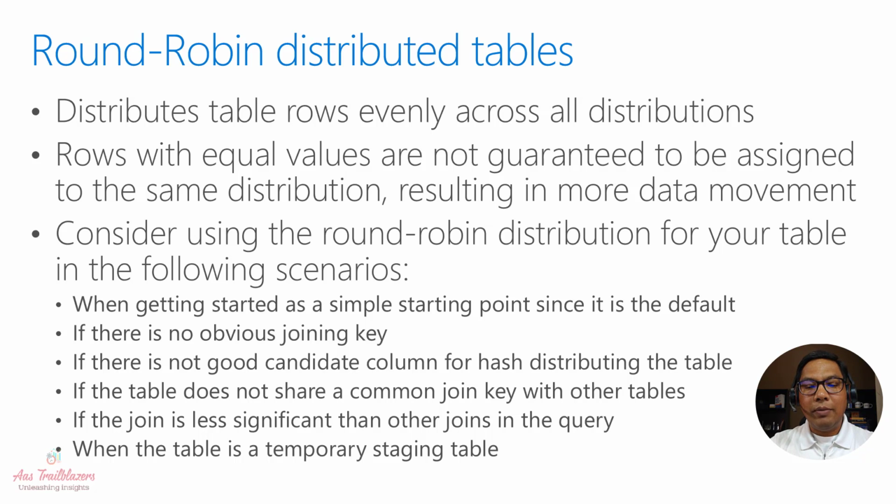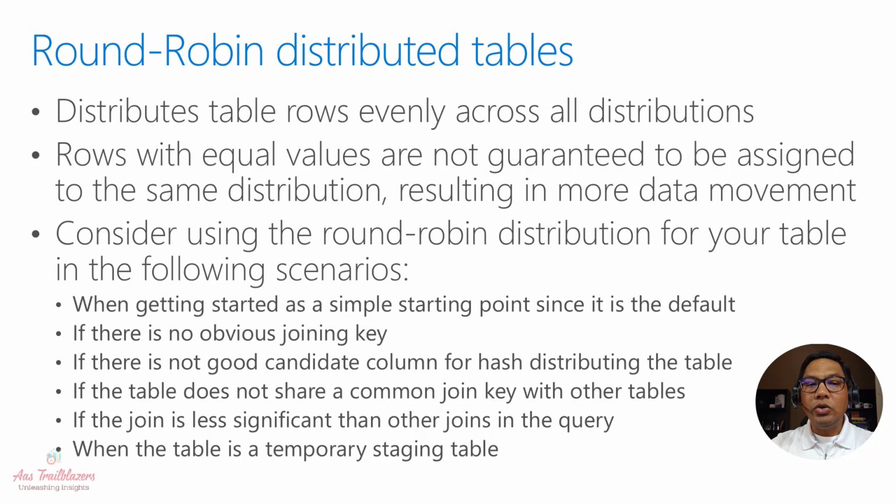When you have multiple queries and all those queries are based on different joining keys, and you don't have a very obvious joining key to consider when you are deciding the distribution column for the table. When there is no good candidate column for hash distributing the table, and the table does not share a common joining key with the other table, or if the join is less significant than other joins in the query.